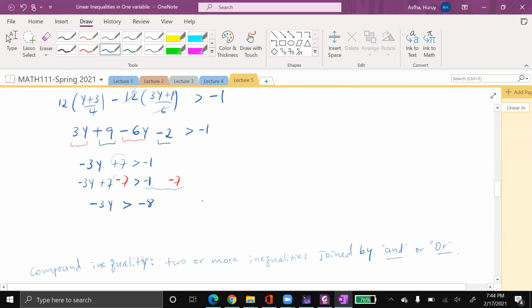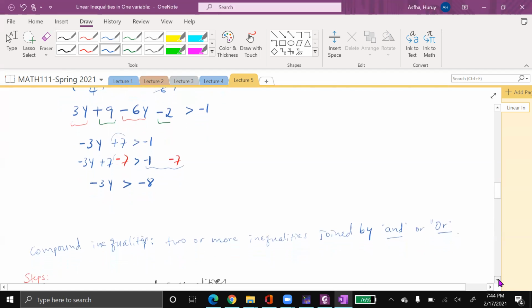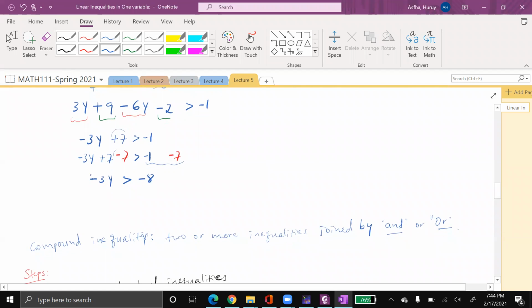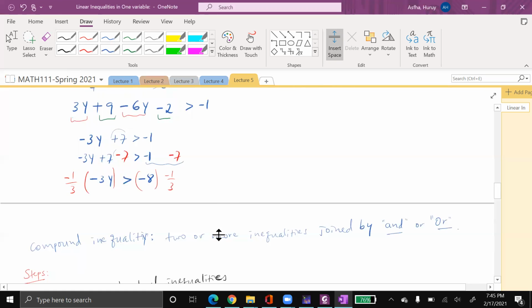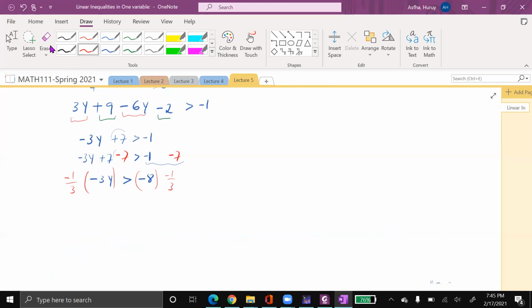Now is the stage where we have to be careful. So to get rid of this one, or to make this coefficient 1, what do we do? We multiply both sides by negative 1 over 3. Now, one thing that I need to notice is that the number I'm multiplying both sides by is again a negative number, right?